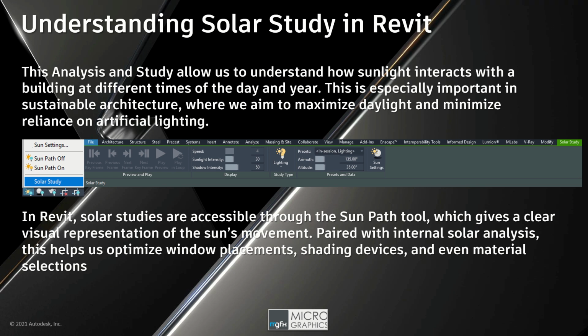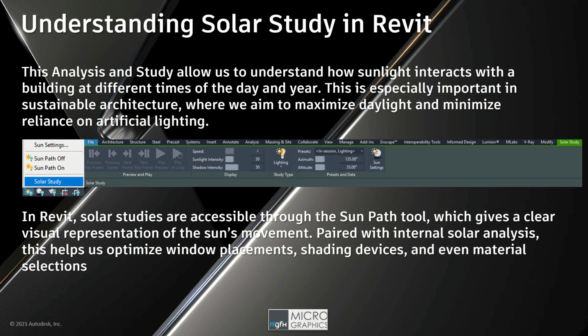Understanding solar study in Revit. First, let's talk about solar studies and solar analysis. This analysis and study allows us to understand how sunlight interacts with the building at different times of the day and year. This is especially important in sustainable architecture, where we aim to maximize daylight and minimize reliance on artificial lighting.